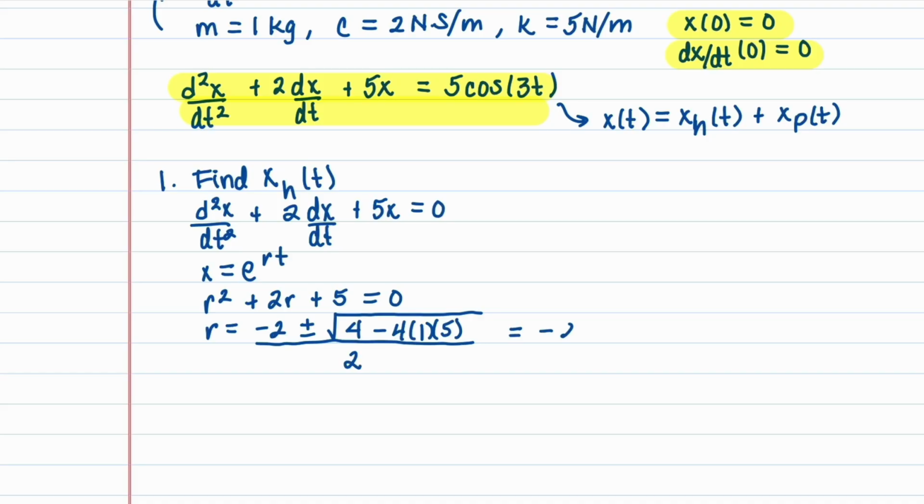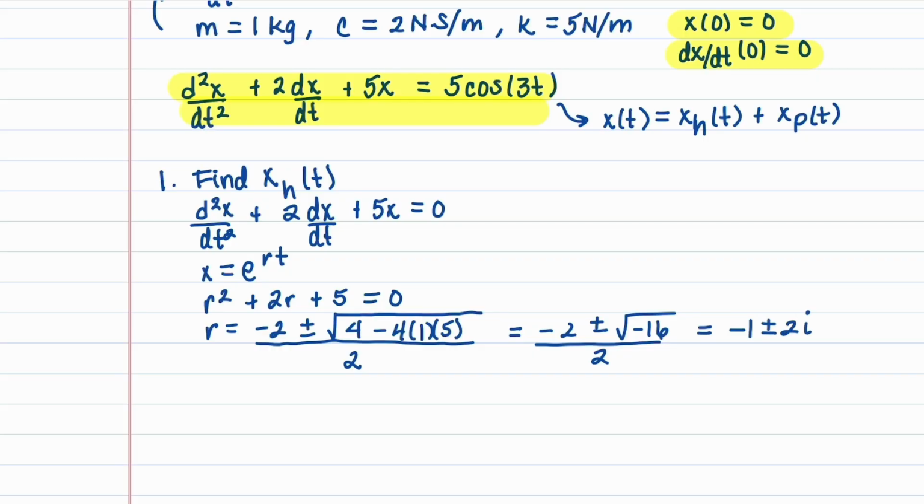This is minus 2 plus or minus the square root of 4 minus 20, that's minus 16, divided by 2. The square root of minus 16 is 4i. We can divide everything by 2, and we end up with minus 1 plus or minus 2i.